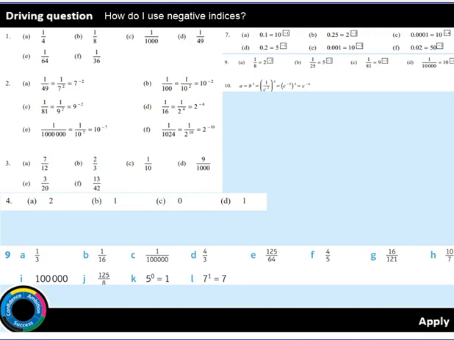Here we go. Check your answers. If there's any difficult ones, go back and try them again. I'm going to go back to the questions, and if there are any that are particularly tricky, I'll go through those ones.